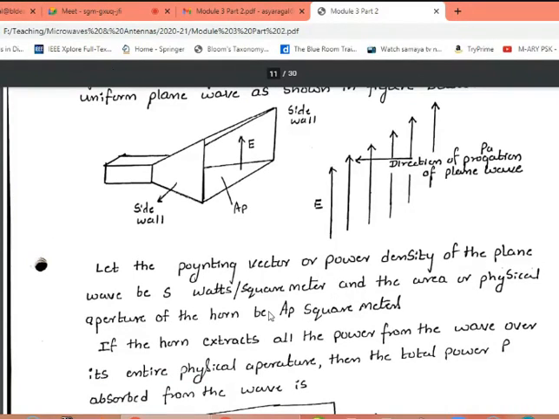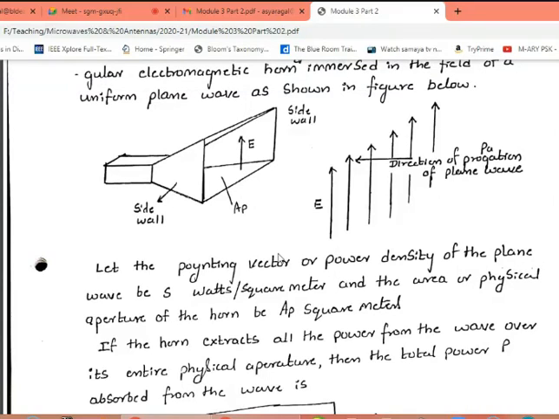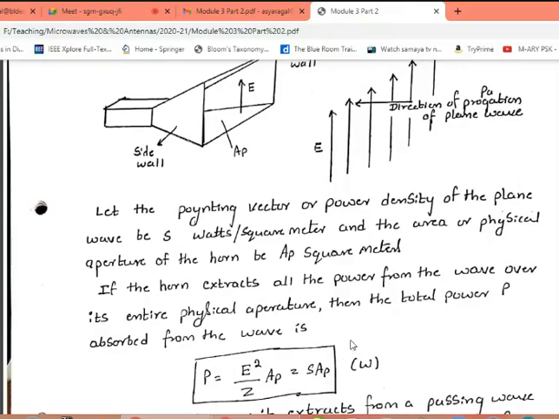If the horn extracts all the power from the wave over its entire physical aperture, the total power absorbed from the wave is P equals E squared divided by Z into AP.